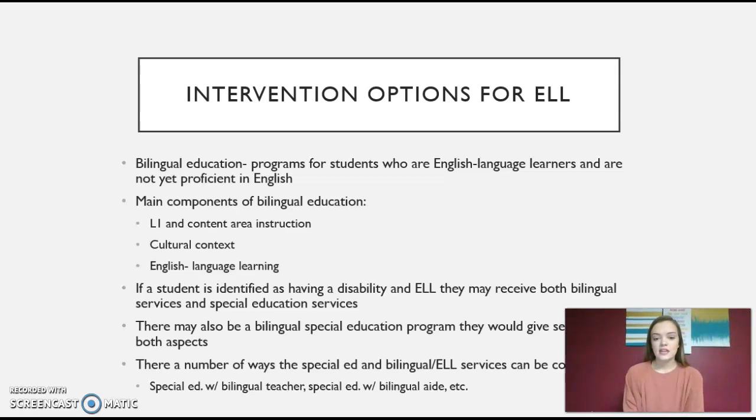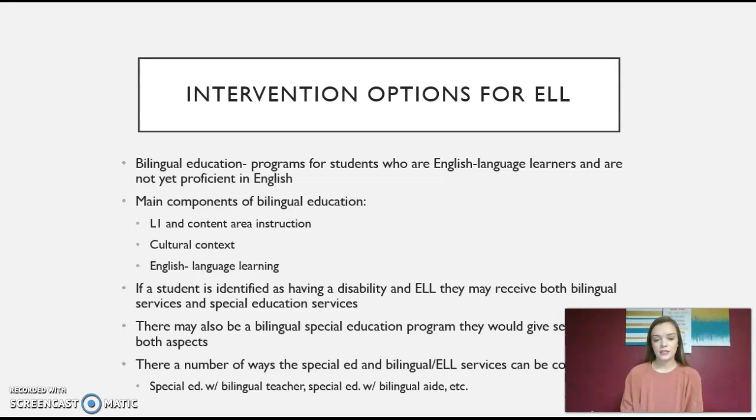If a student is identified as having a disability and is also an English language learner, they may receive both bilingual services and special education services. There may also be a bilingual special education program, but not all schools have this. So there are certain other options if this is not available at the school that they go to.